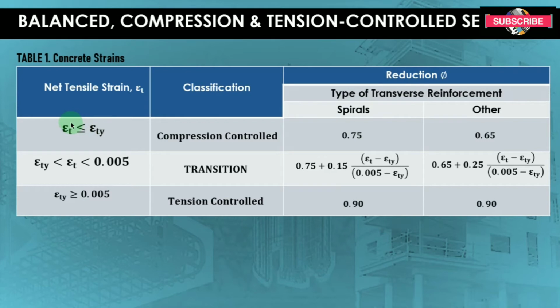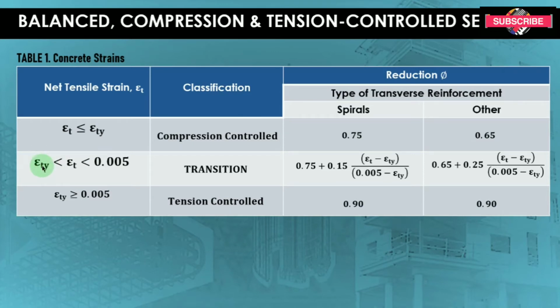Okay? At ang value ng tensile strain mo is less than or equal to 0.002, so compression controlled siya. At ang gagamitin mo na reduction factor phi kung spiral or non-spiral ay ito, no? 0.75 kung spiral, 0.65 naman kung hindi.